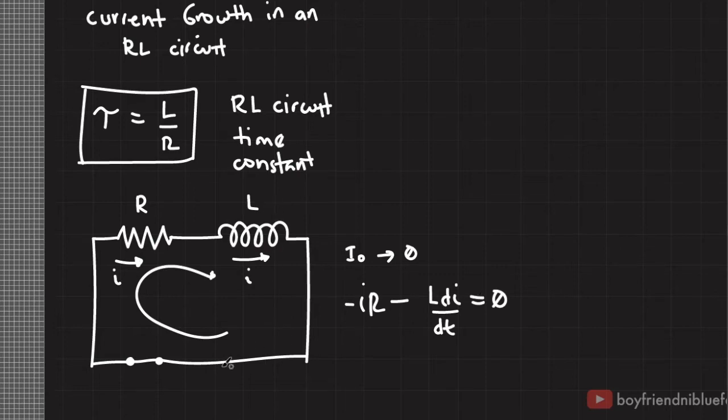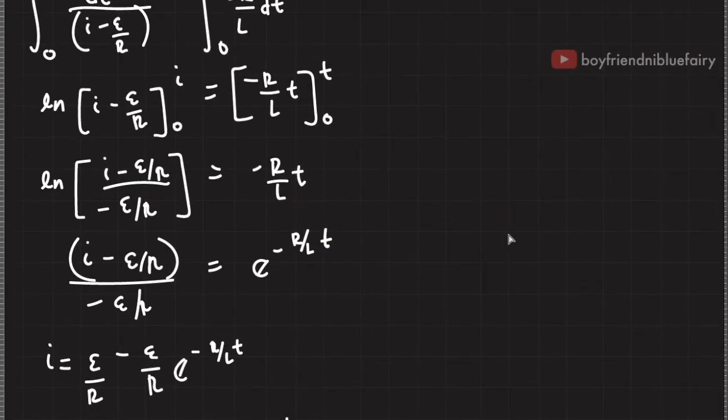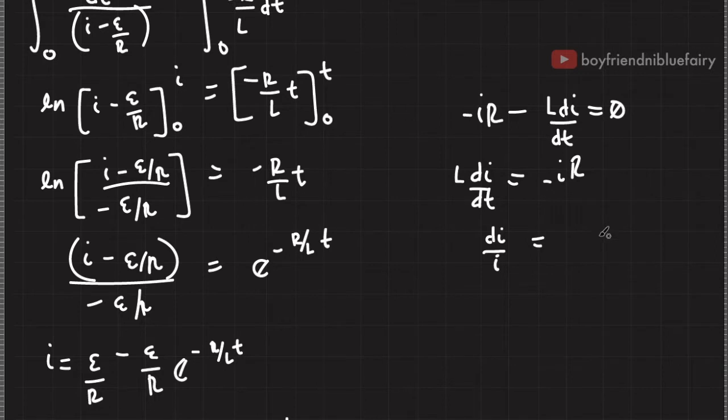So this time, we don't have an EMF. I'll integrate this from an initial steady current of I sub 0 to 0, because there's no EMF driving the current. So eventually, the current will become 0.